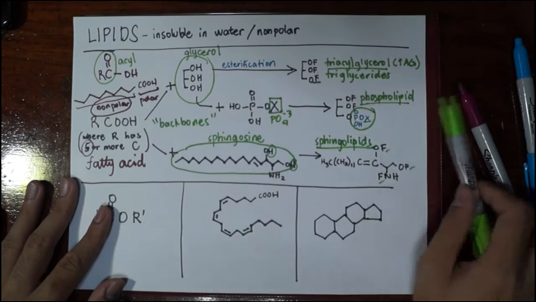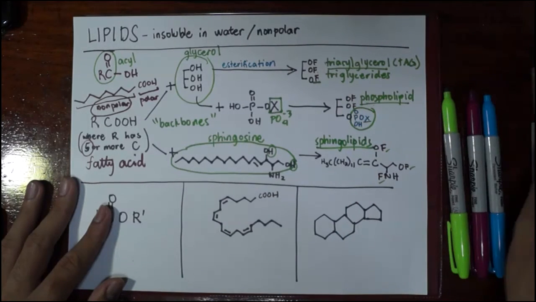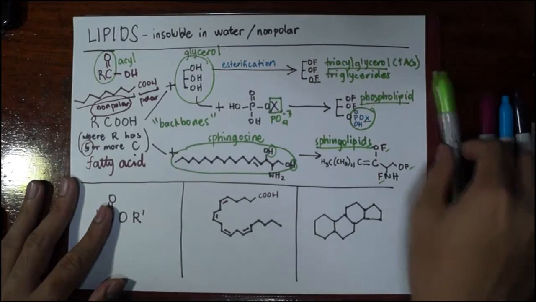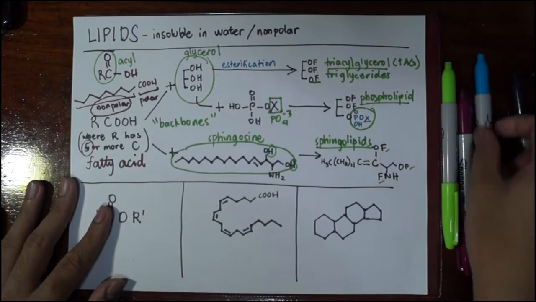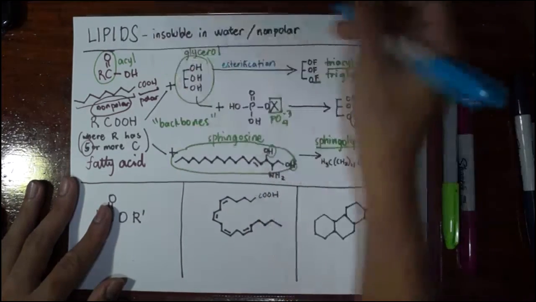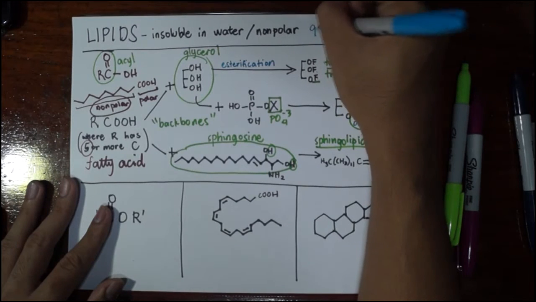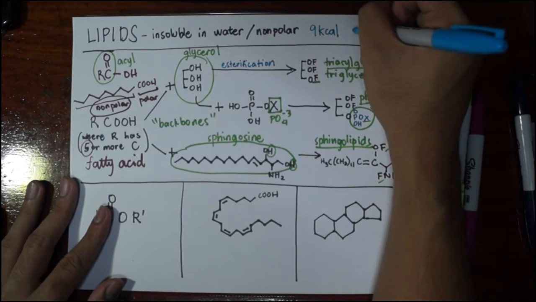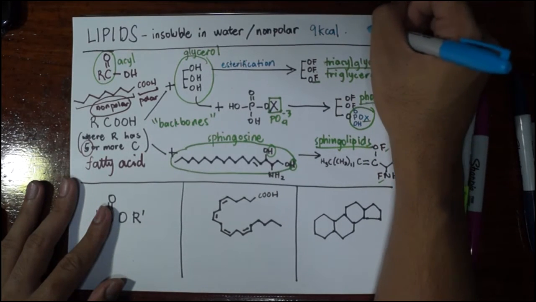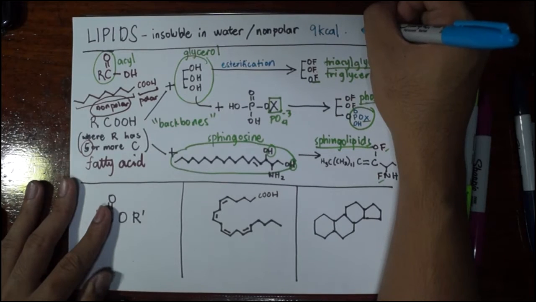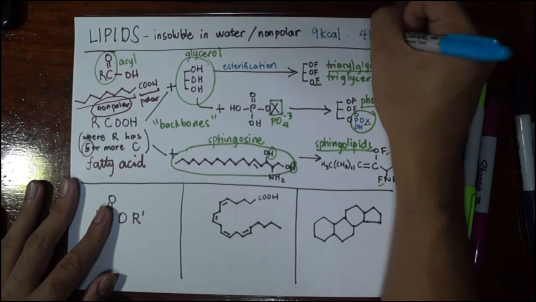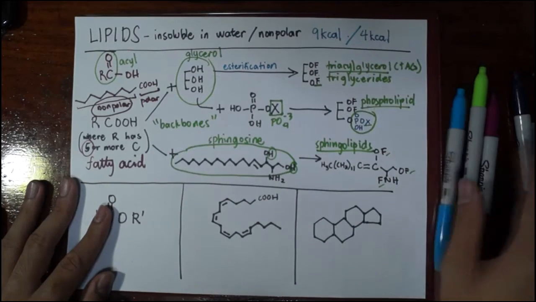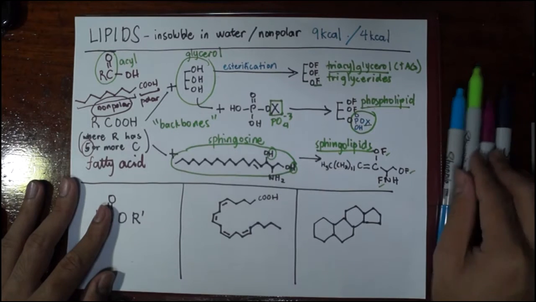Alright, when for example we lose our carbohydrate reserves, we run out of sugar, the next thing that our body will tap are lipids, because to mention again, when we talk about the amount of energy provided, lipids would provide 9 kilocalories, as opposed to carbohydrates and proteins, which only provide 4 kilocalories. Alright, but then again, carbohydrates are preferred because they are the ones that are used by our brain.